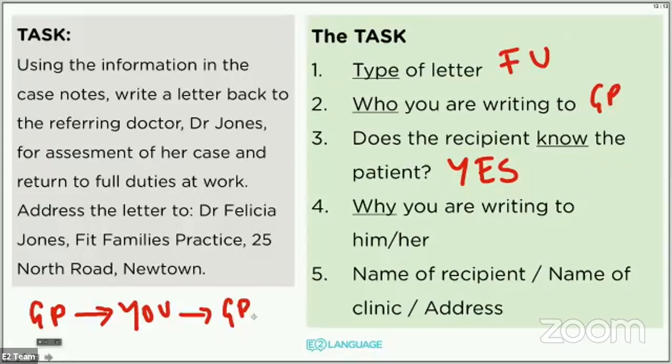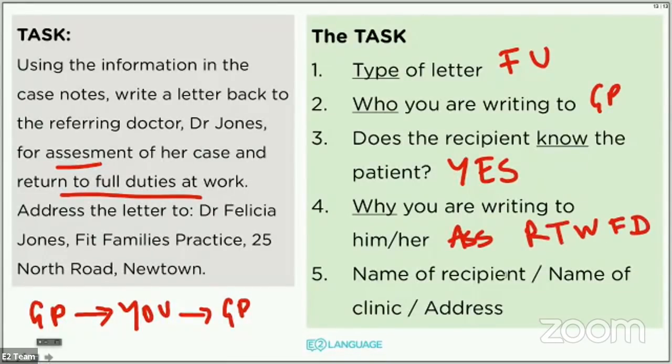You're writing back to the GP with your information. Why are you writing to him? Assessment and return to work full duties, if that's possible. Name of recipient, Dr. Felicia Jones. Name of clinic, Fit Families Practice. The address, 25 North Road, Newtown.